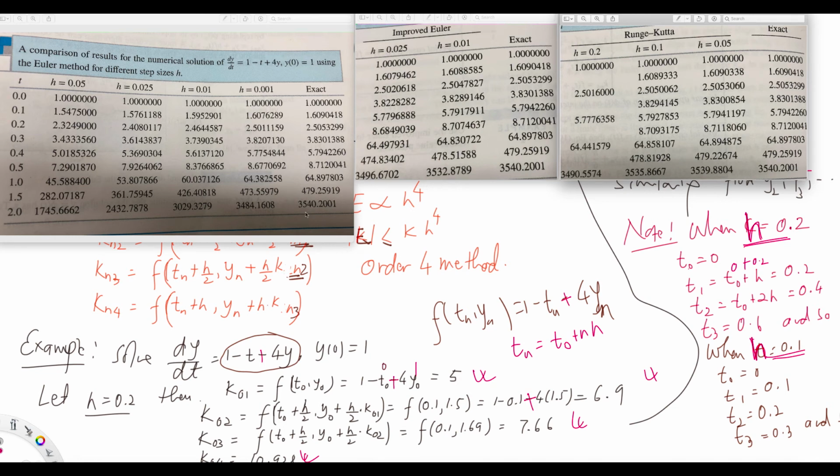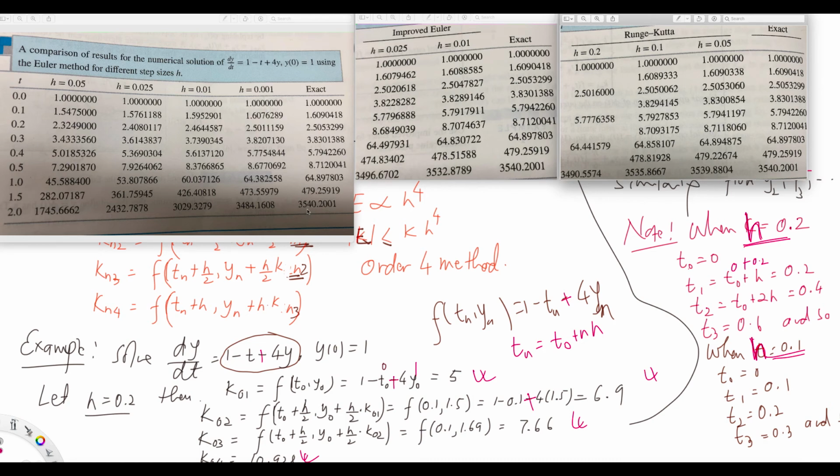You see that? But when you go to the improved Euler method, when h equals 0.025, it is 3496. When h equals 0.025 in Euler's method it is 2432 versus 3540.